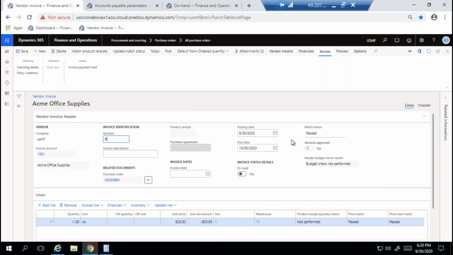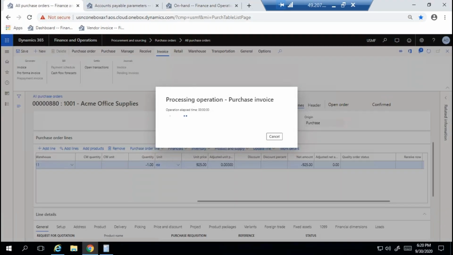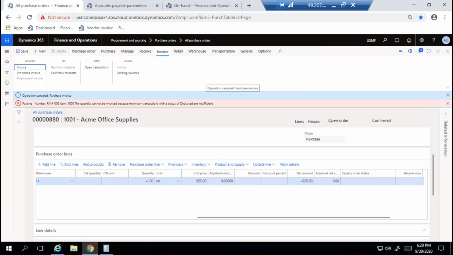Vendor invoice RMA number I'm entering. Whatever the number, it is mandatory as per the process. Date I have entered. So 925, I need to get credit 925 only. So I'm posting here directly.